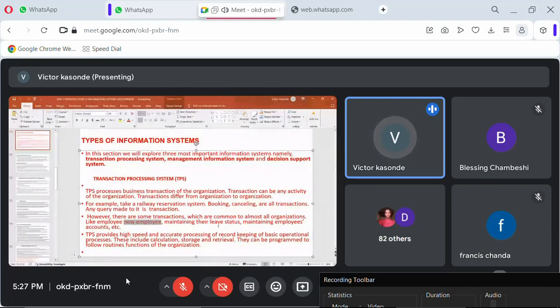In short, the HR management system has something common: an employee in a bank sector or an employee at CBU, the leave status will be the same.